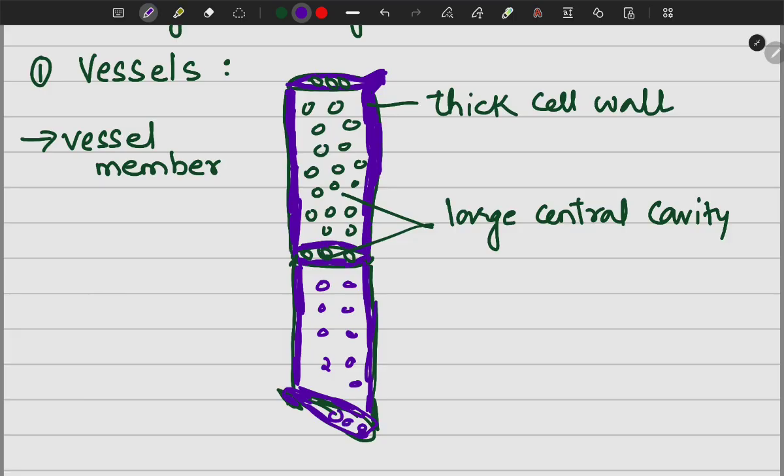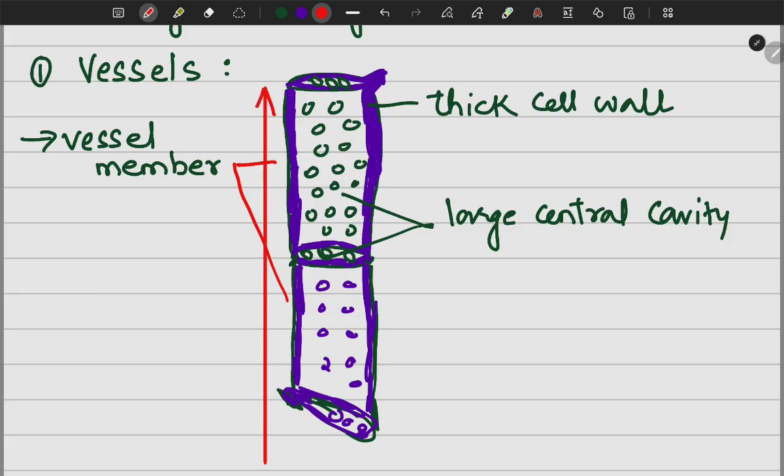So in this way the vessels are connected to each other, and each of these vessels is called a vessel member, and they help in the conduction of water from roots to the different parts of the plant. So the roots are below the soil, so the water will come from the base of the plant to the top.